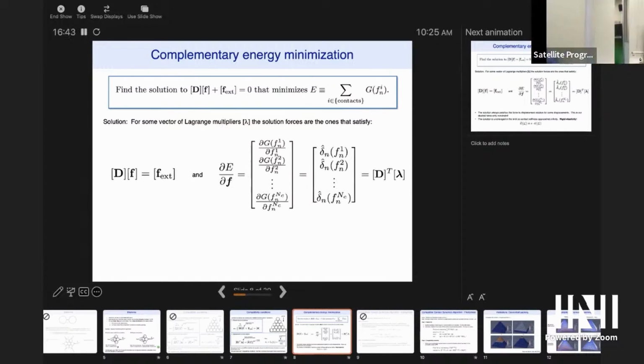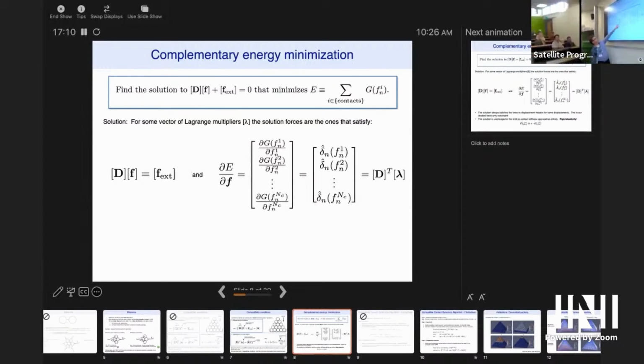Okay, so this is constrained optimization. I have some function that is constrained to live on some space. So let's look at some vector of Lagrange multipliers lambda. If you remember how to do optimization subject to a constraint, you take the gradient of the cost function and set it equal to lambda times the gradient of the constraint.